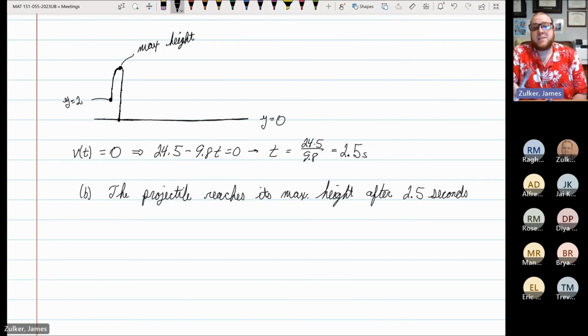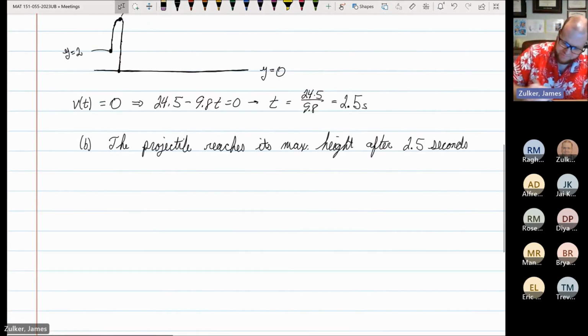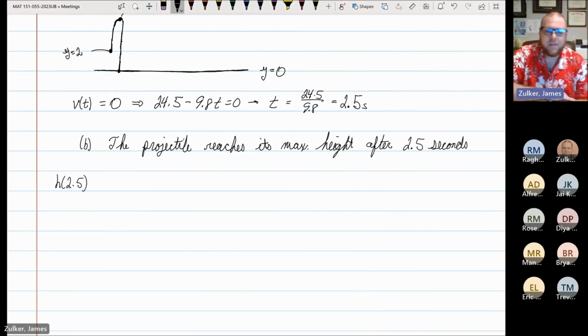Part C is what is the maximum height? Well, that's just h of 2.5, isn't it? But 2 plus 24.5 times 2.5 plus 4.9 times 2.5 squared.